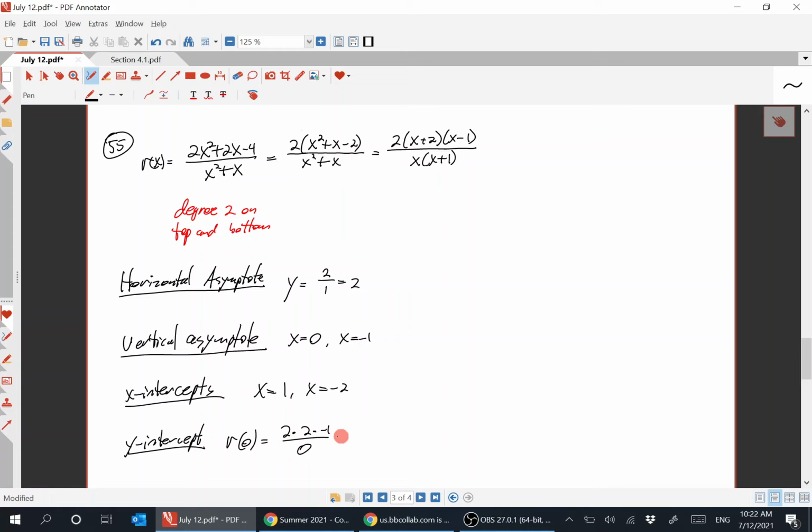You can't have a y-intercept because the y-axis is a vertical asymptote. We're dividing by 0, so this quantity is undefined. You can't divide by 0.